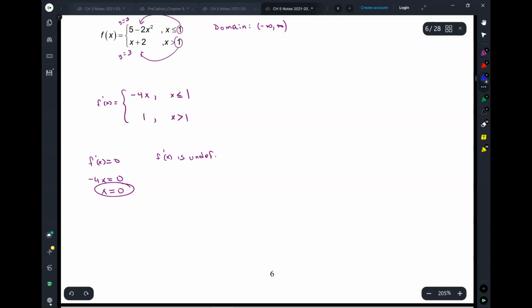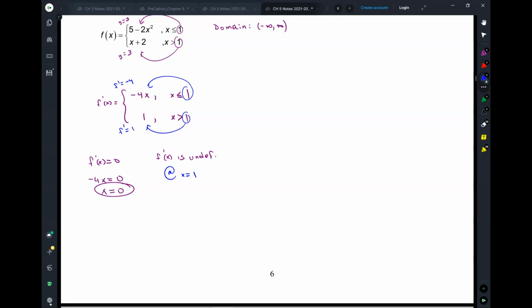For that, you have to check the derivative from the left and the right. The derivative here is negative 4, and the derivative here is 1. So you have a different slope at x equals 1, which means the derivative is undefined at x equals 1.